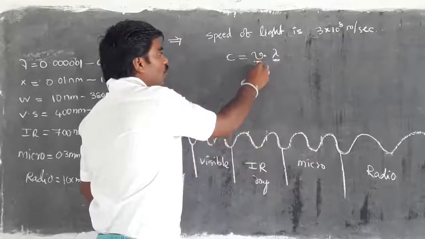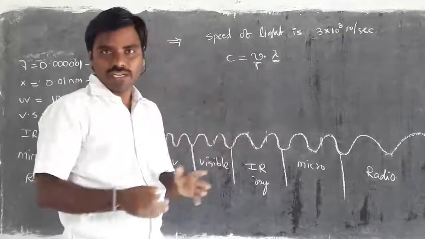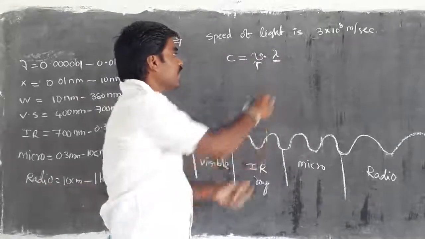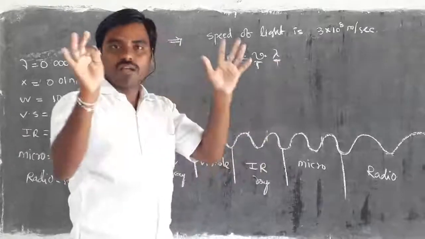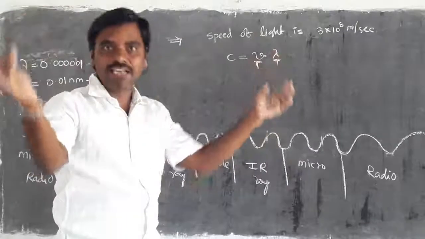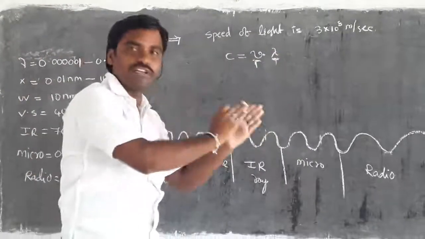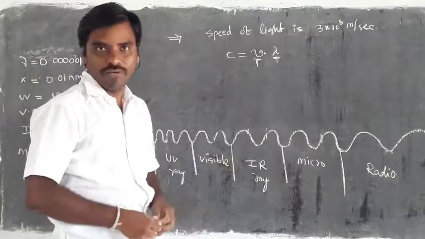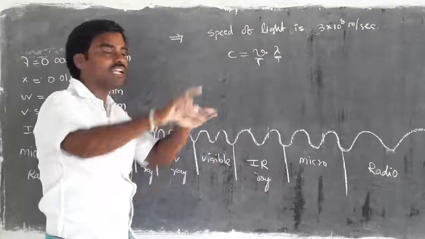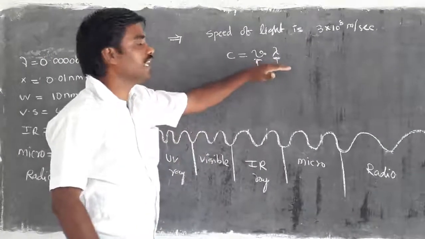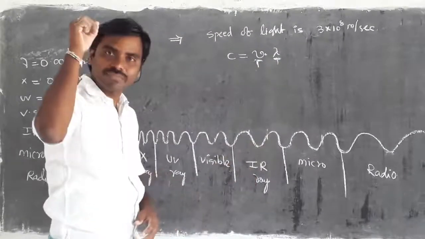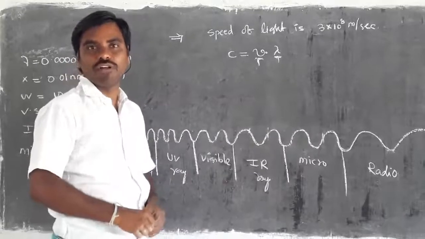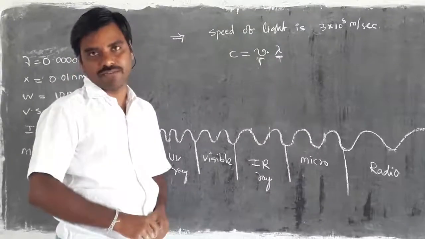So whatever the different frequencies or different wavelengths of light there are, that entire range, from starting to ending values, the total light waves, we call the entire range of frequencies or wavelengths of the electromagnetic wave the electromagnetic spectrum.